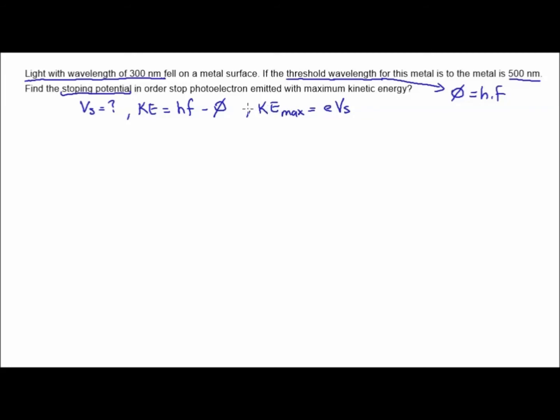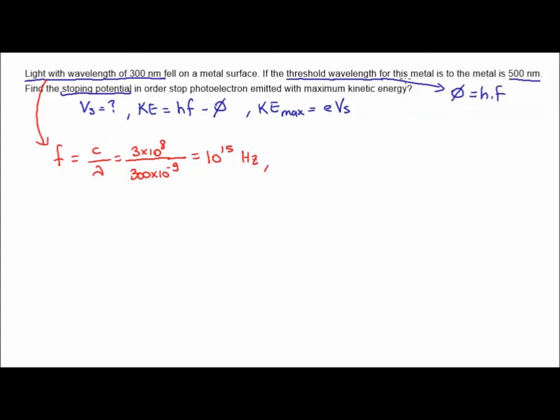When we calculate kinetic energy, that is going to equal kinetic energy max. So we have to calculate first of all the frequency, because in the formulas we have frequency. The frequency of the wavelength is c over lambda. C is the speed of light, 3 times 10 to the power of 8, over 300 times 10 to the power of minus 9. So it's going to be 10 to 15 hertz.